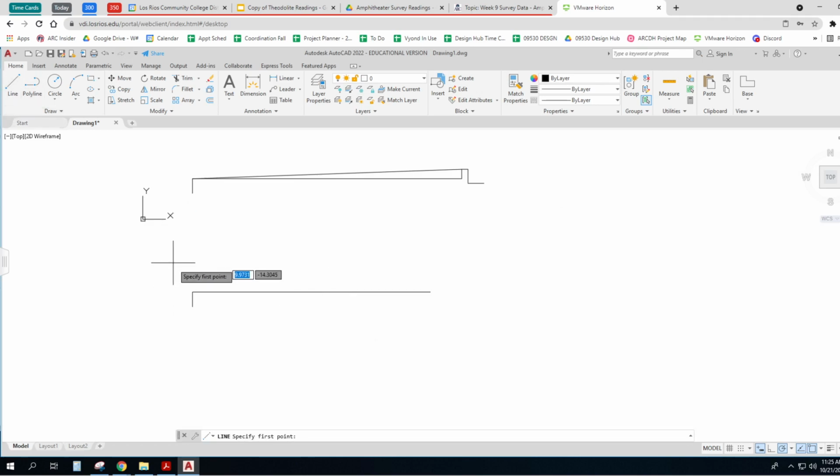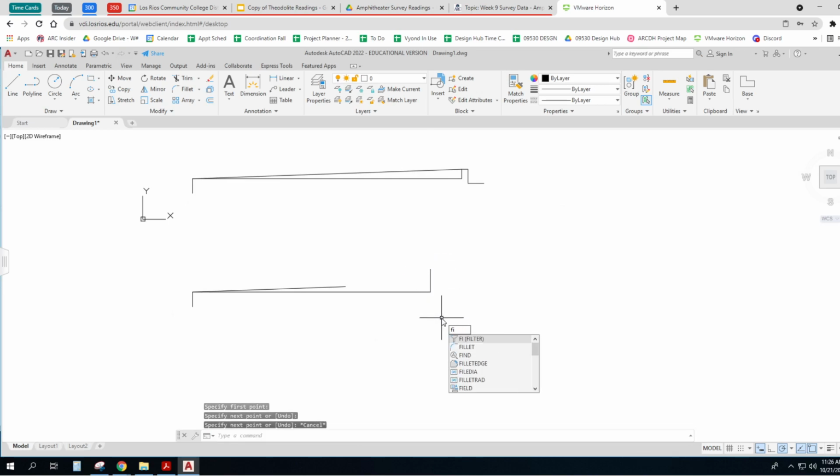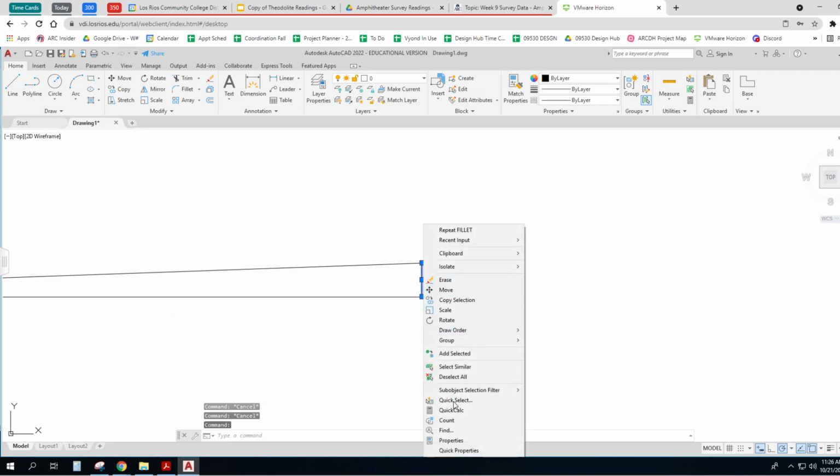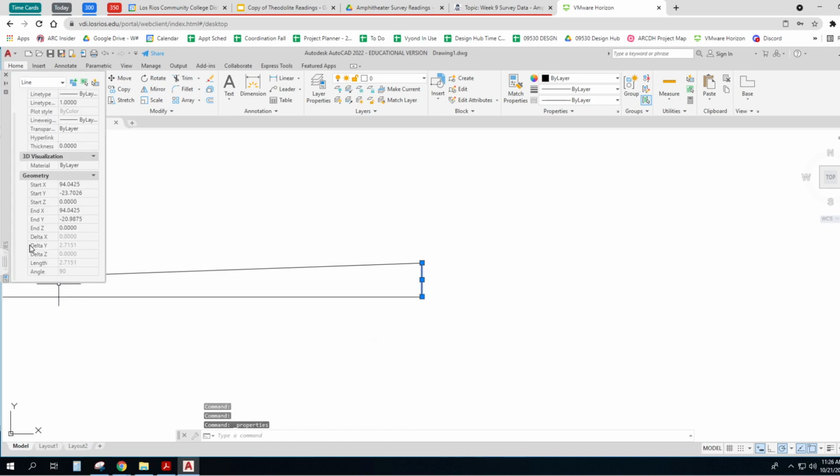Okay. And I'll do that fillet again. Okay, so now my angled part up is now 2.715.